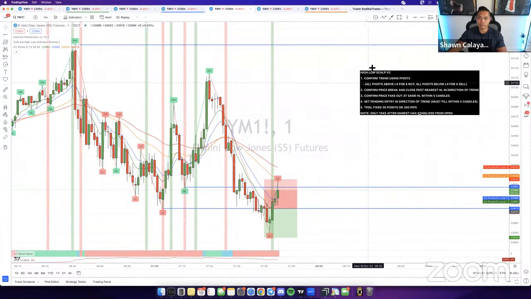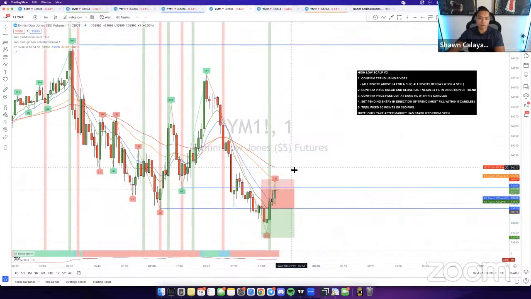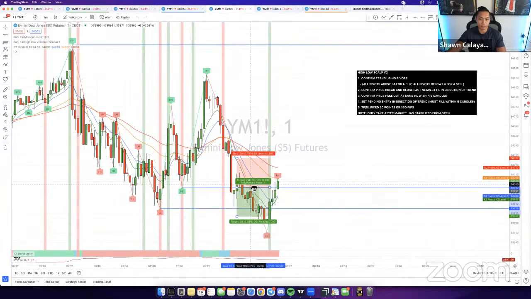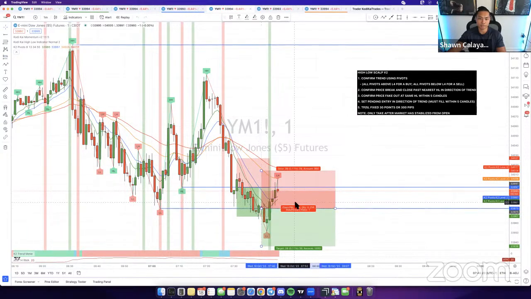I think this here will come back down, but what might happen is this might fake out first and then come back down. The other thing about this entry that I didn't like was that it overlapped with the other one, because the other one was running right here. There's technically no way you could have entered this trade without this one first hitting, because this one hit and then this one pretty much overlapped it right here.